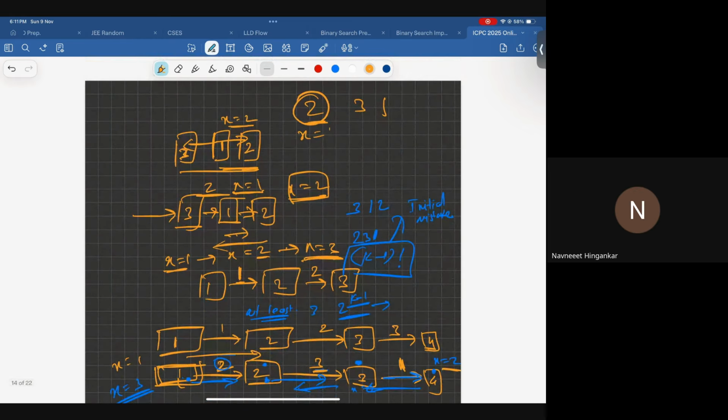Then when I'm at 3, my x equal to 2, I will not increment my x at all. Now I can pass through any door, x equal to 1, x equal to 2. I can go 2 to 3, 3 to 1, 2, 3, 1, basically, right?